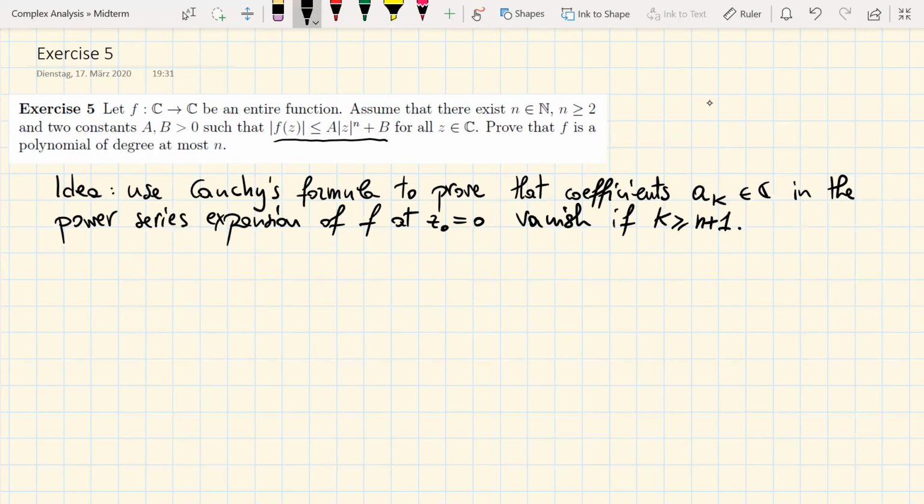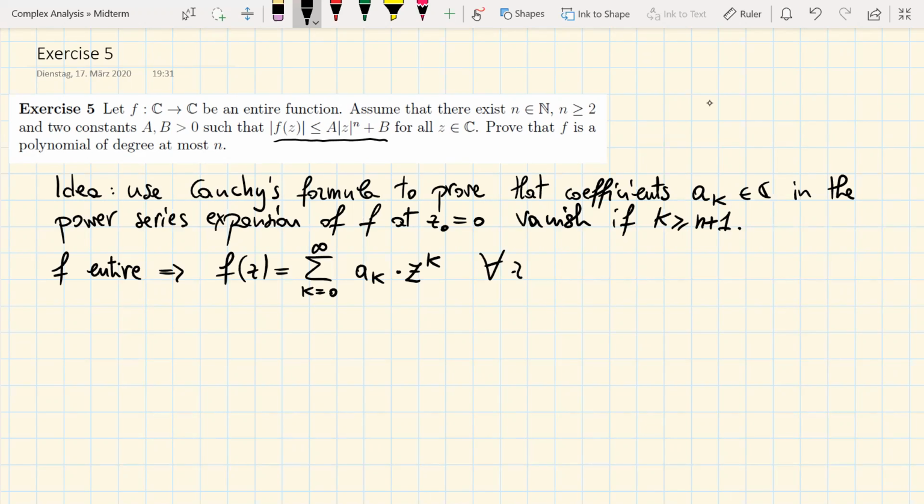So we know that if f is an entire function, so f entire implies that f of z is equal to the sum for k going from 0 to infinity of a_k times z to the k.